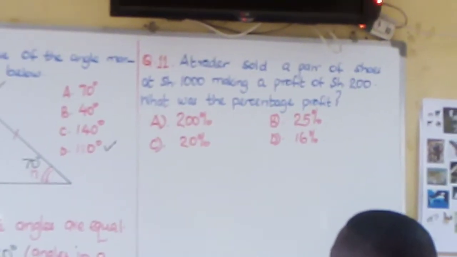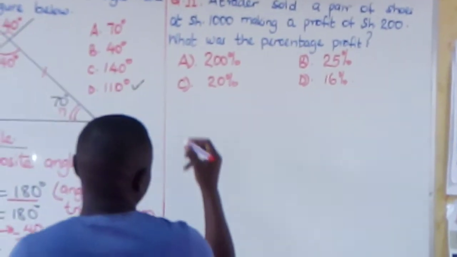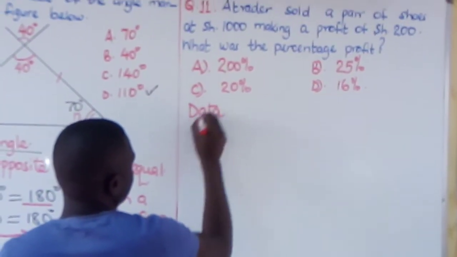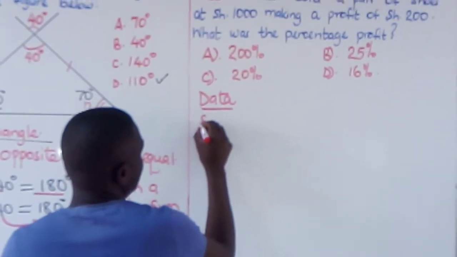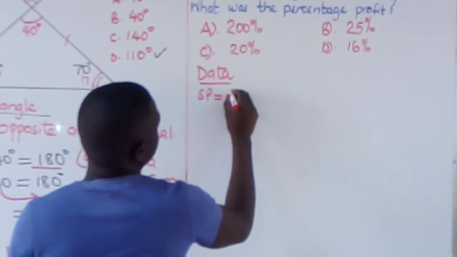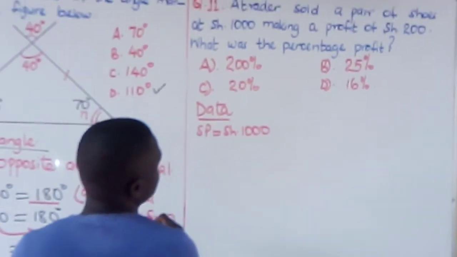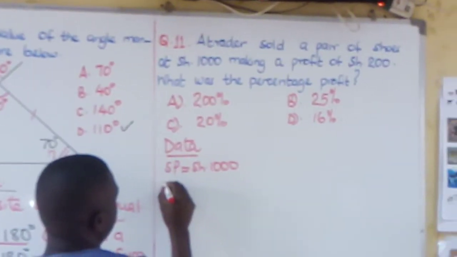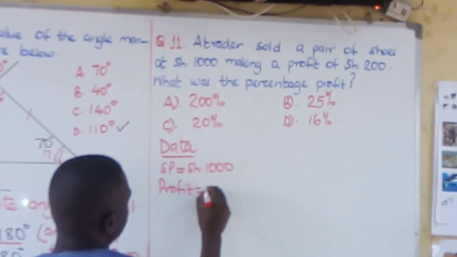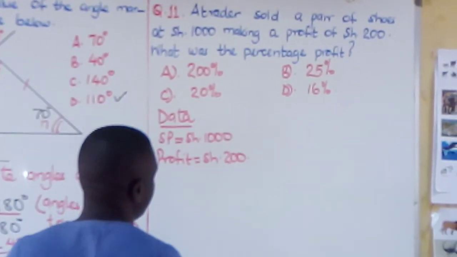We have selling price. We must write what we have. We collect data of what we have here. We have selling price, that is 1,000 shillings. What else do we have? We have profit of 200 shillings.